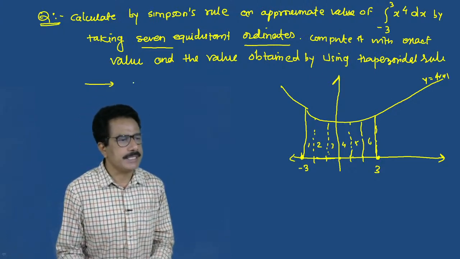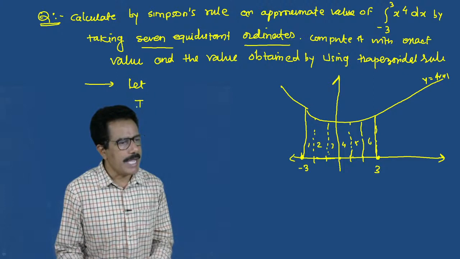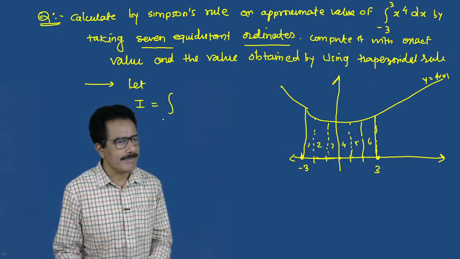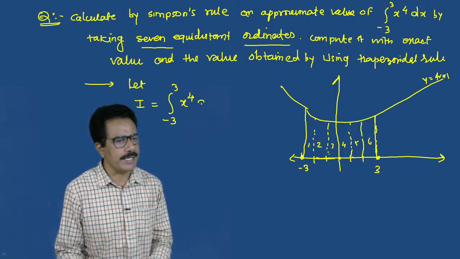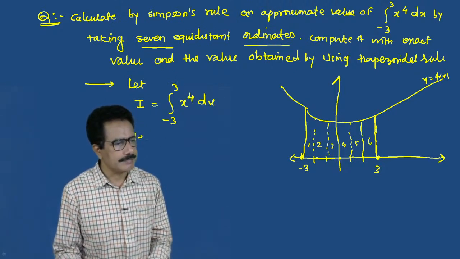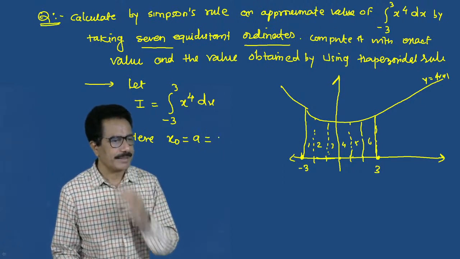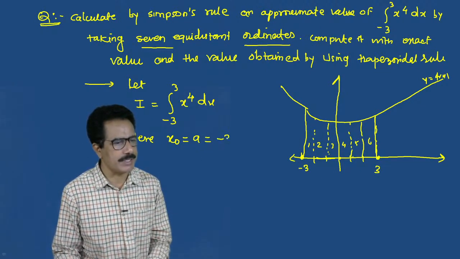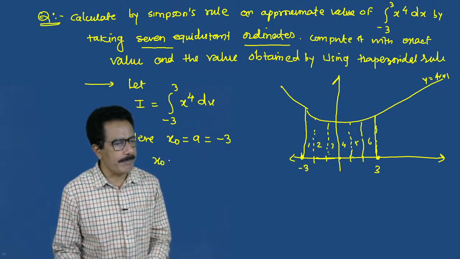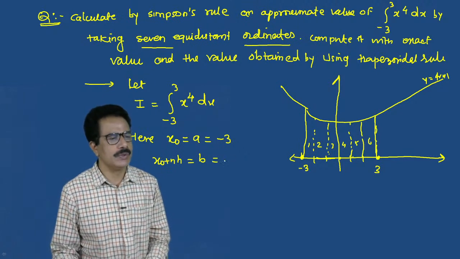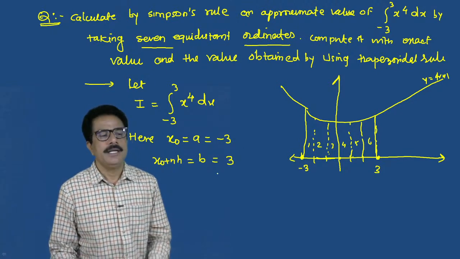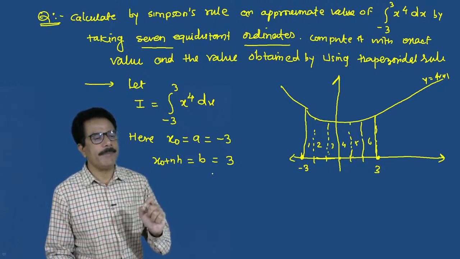Let I equal the integral from -3 to 3 of x raised to 4 dx. Here we can write x0, which means a, equals -3, and x0 plus nh, which means b, equals 3.